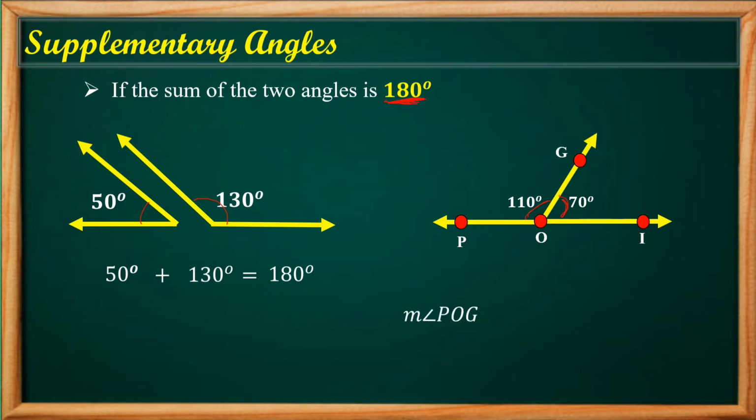Again, the measure of angle POG plus the measure of angle GOI is 110 plus 70, then the sum is 180. Therefore, angle POG and angle GOI are supplementary angles. That is the supplementary and complementary angles.